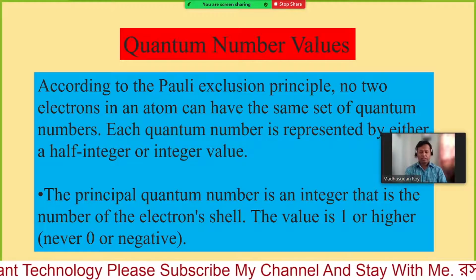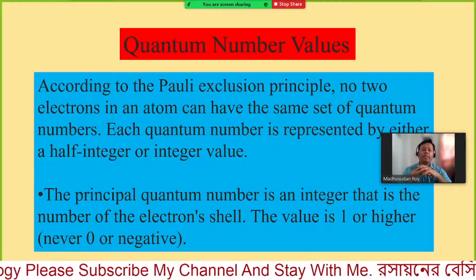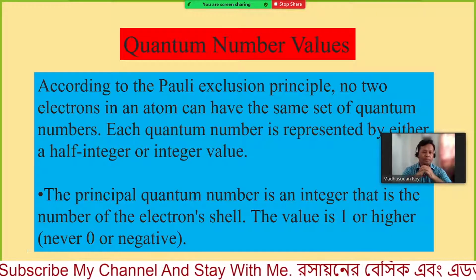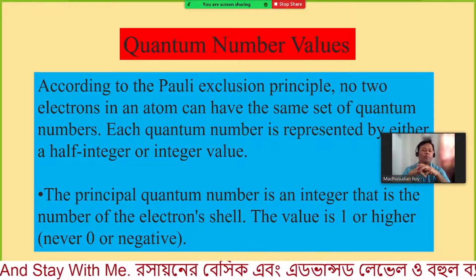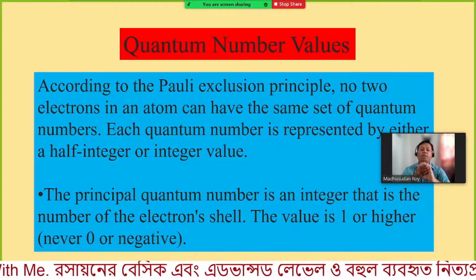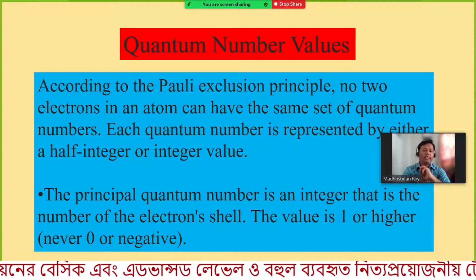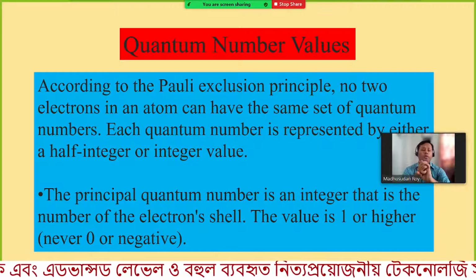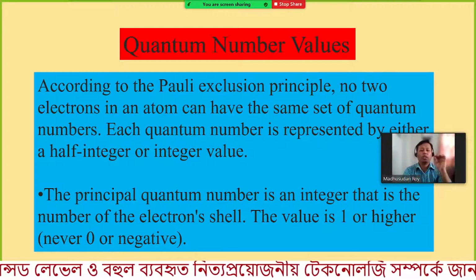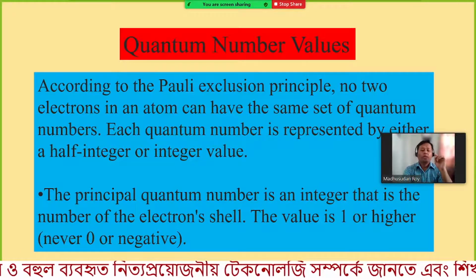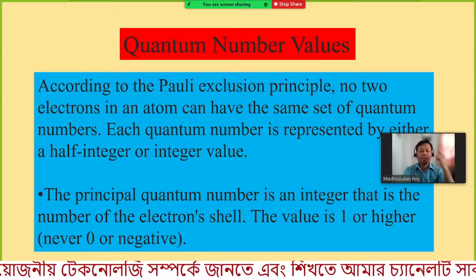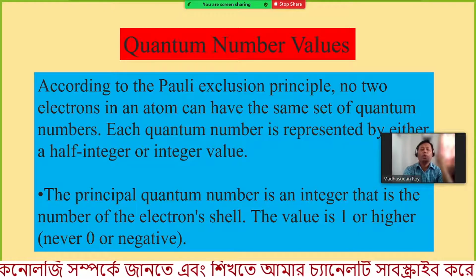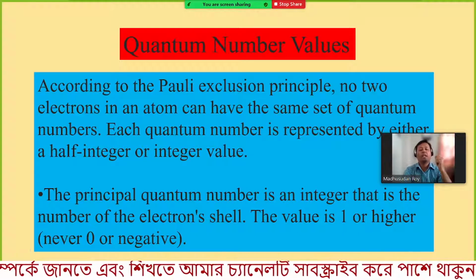That means if you have two electrons in an atom, to define an electron's position in the atom we need to use four different quantum numbers, but they cannot all have the same values.